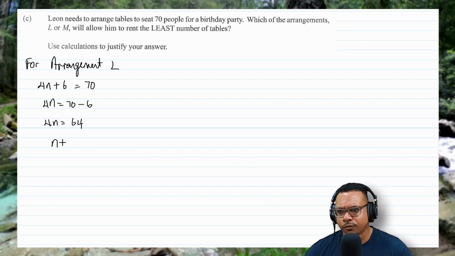And now we transfer the 4 across the equal sign and it turns from multiplication, because 4 multiplied by n, to division. So we have 64 divided by 4. So we have n is equal to 16. So for arrangement L, we'll need 16 tables to seat 70 persons.